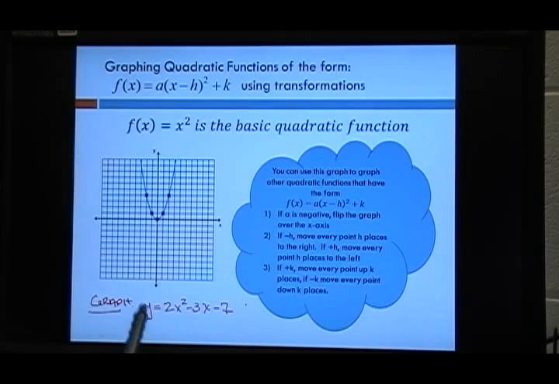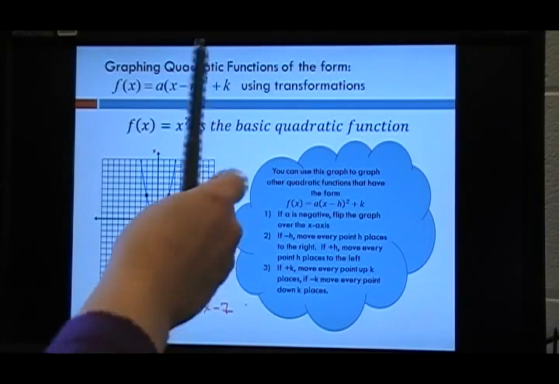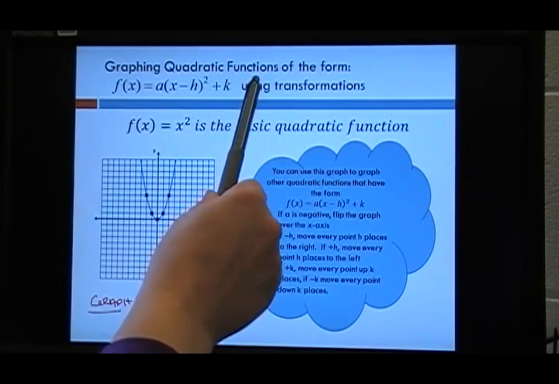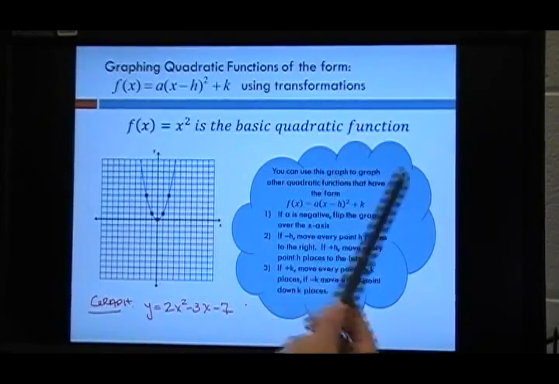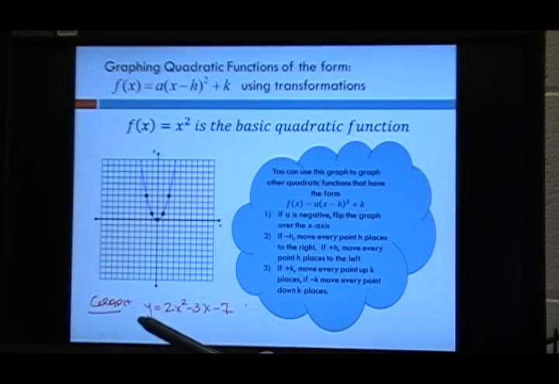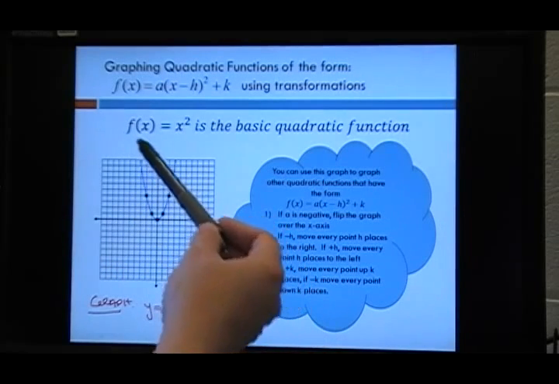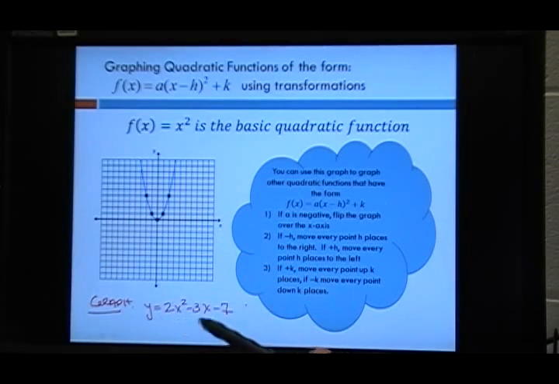Here, instead of using this point finding method, we're going to talk about how we can graph quadratic functions using transformations instead. And just as a clarification, it is okay when we're dealing with quadratic equations.